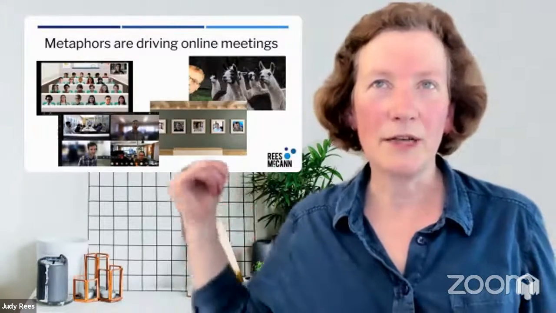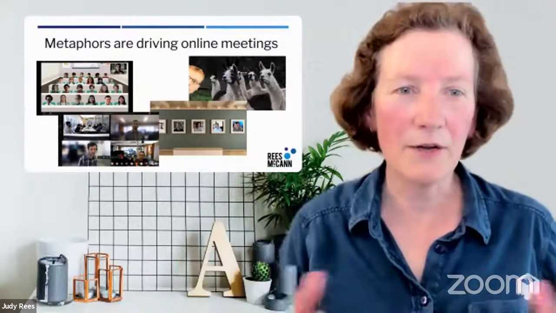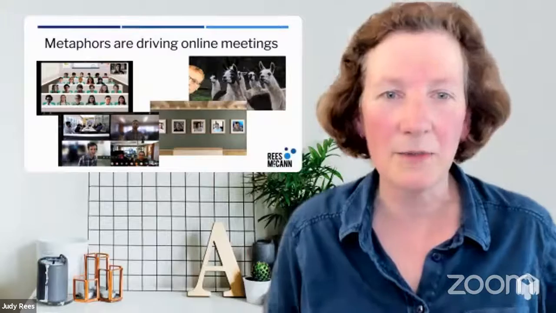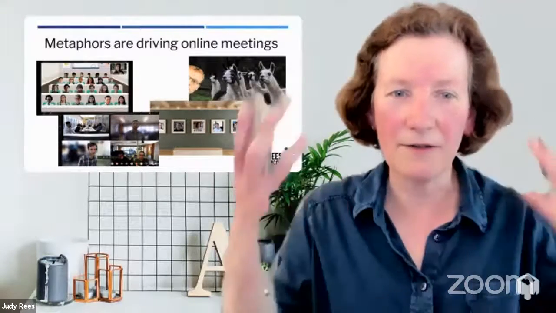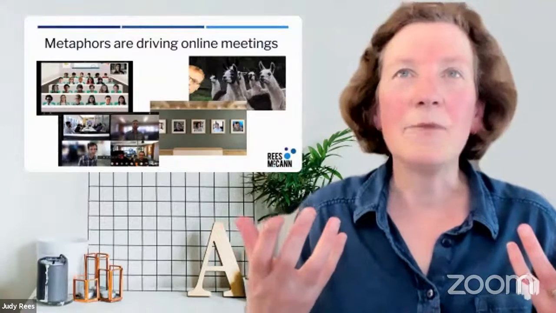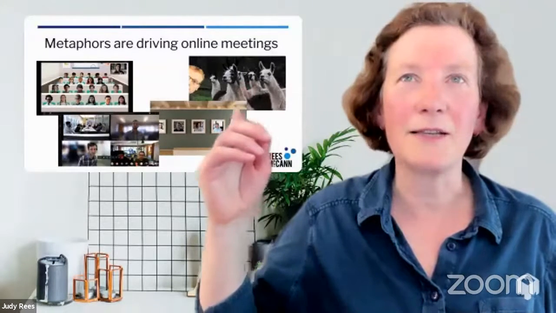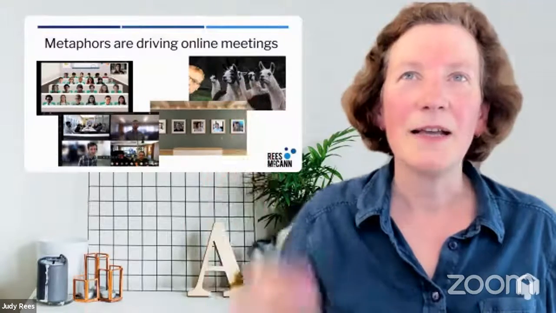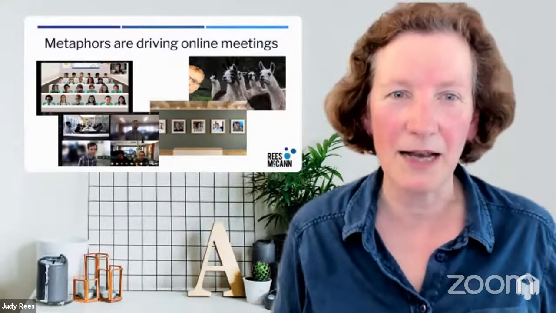Another one that is from immersive view is this gallery. So they're thinking of people in a Zoom meeting as being like pictures on the wall of a gallery. I find that super weird. I can't understand that metaphor at all. Someone else thinks that in this case, a Microsoft Teams meeting is like a farmyard full of llamas, or are they alpacas?